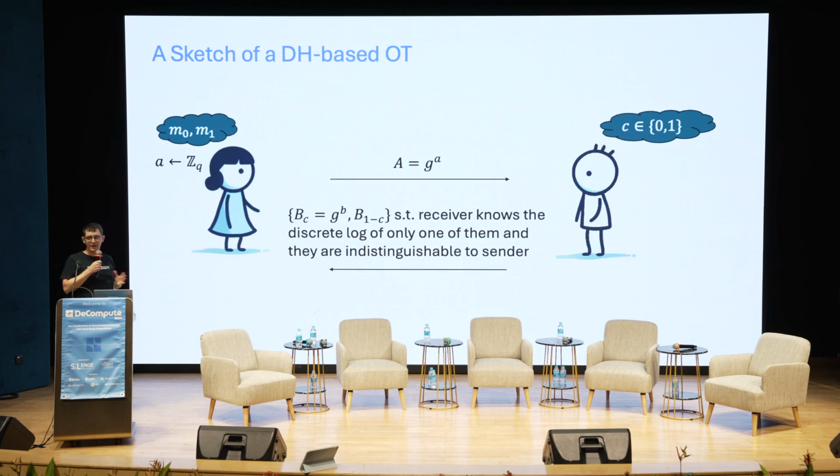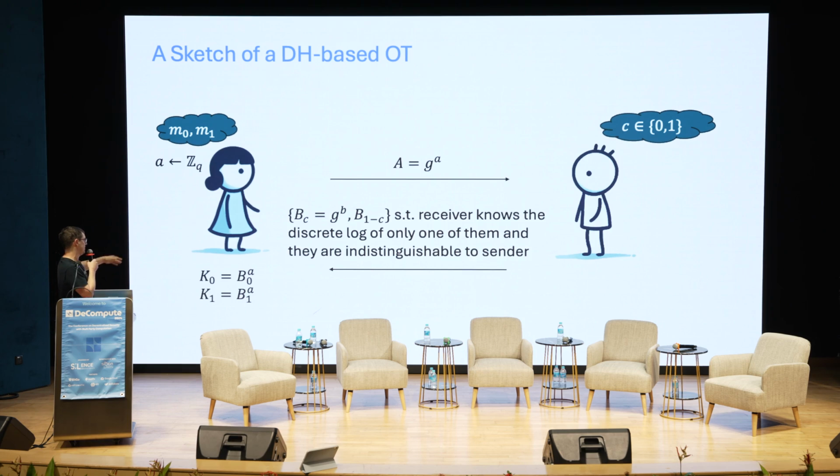The security generally holds from two notions we talked about, sender privacy and receiver privacy. The sender's privacy will hold assuming that the receiver indeed knows the secret key of only one of those public keys. And the receiver's privacy will hold assuming that those two keys look indistinguishable to the sender. Once you do that, the sender will compute two shared keys.